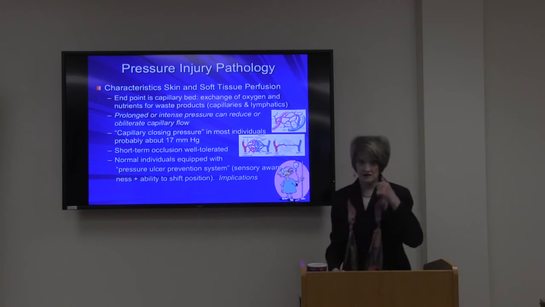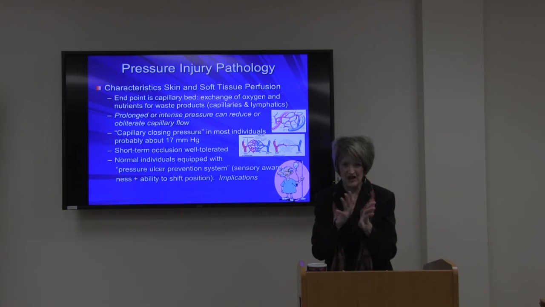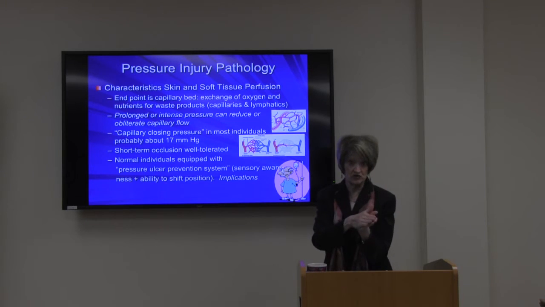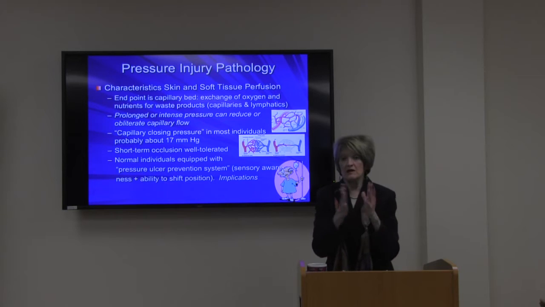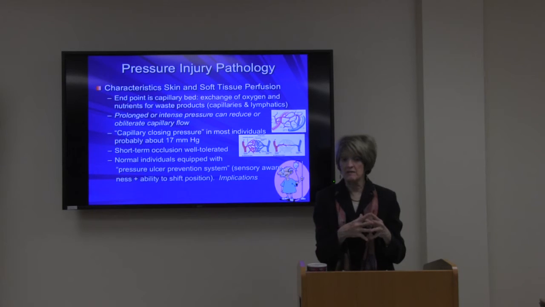Now look at this. A major question that's been asked has been, well, how much external force does it take to collapse the capillary bed and stop perfusion? And we don't really know. Studies have shown that in most individuals, it's about 17 millimeters of mercury. But go back to the previous point.